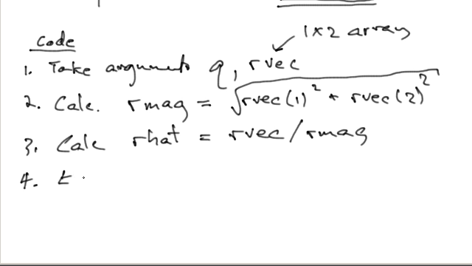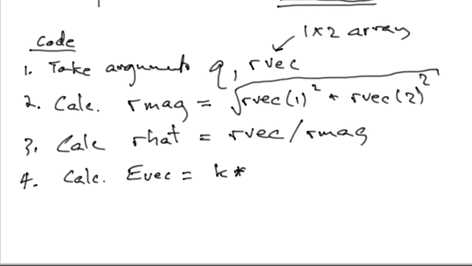We'll calculate evec equals k times... I guess I need a step 0 in this code.